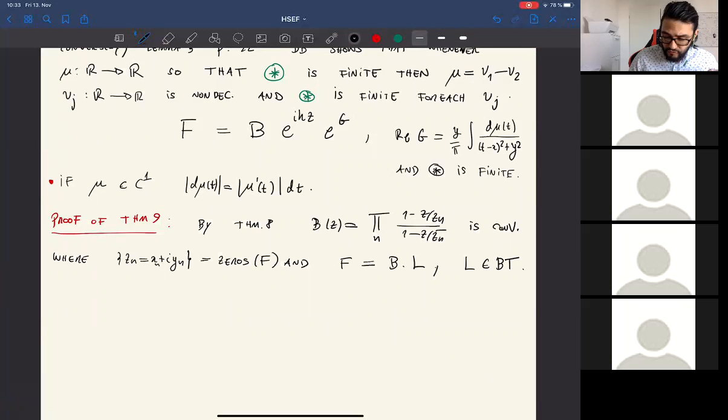Actually, we proved that if F is Q over Q, and then Q times F is bounded by M, then the same bound holds for L. That's something we're going to use later on in another result, but it's something to keep in mind. So L is of bounded type, and moreover, L has no zeros.